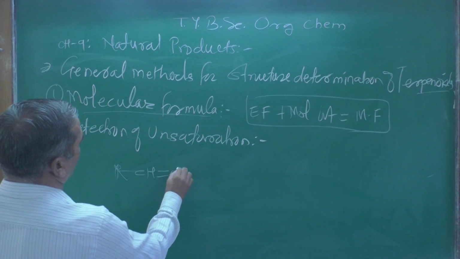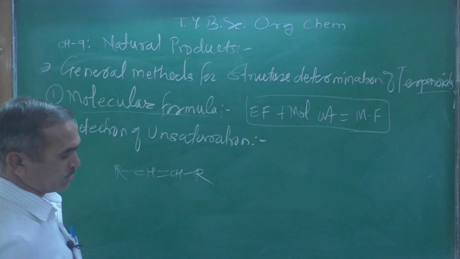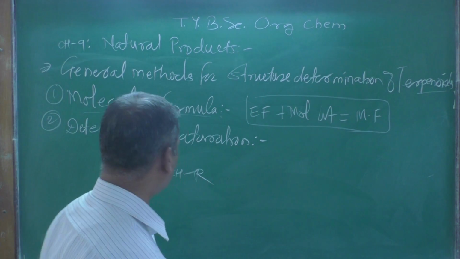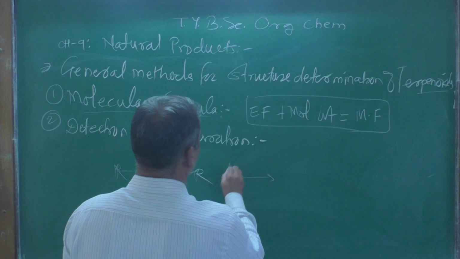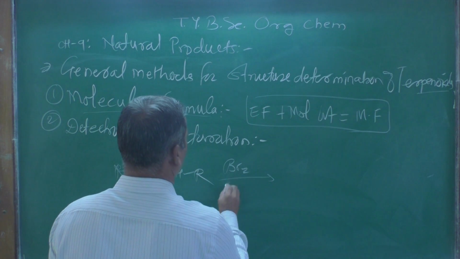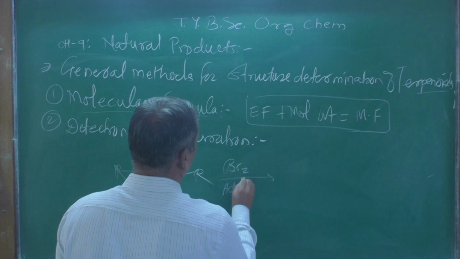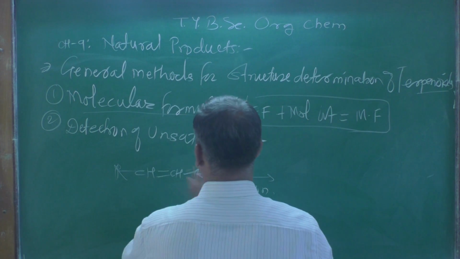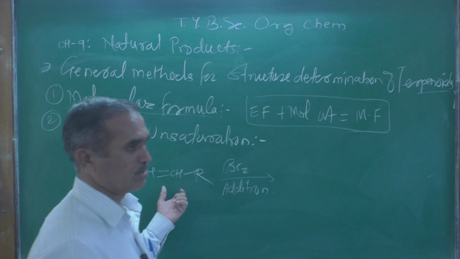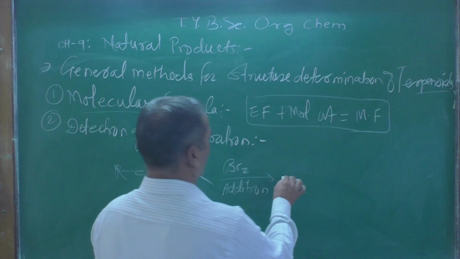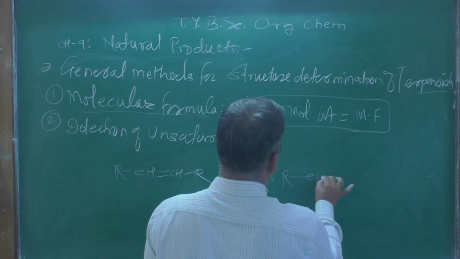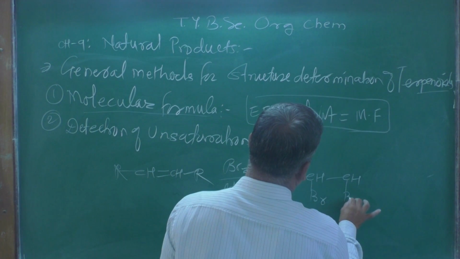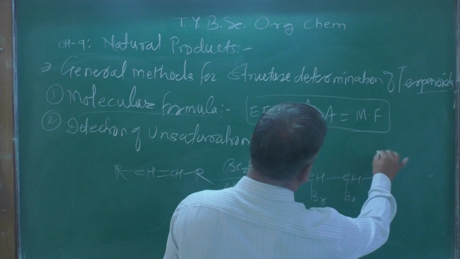RCH=CHR. During the third semester, you already learned this reaction: when it is treated with Br2, that is an addition reaction. One mole of bromine is added because the starting compound has one carbon-carbon double bond, and the resulting compound is RCHBr-CHBrR.